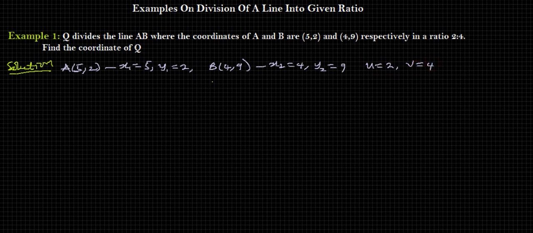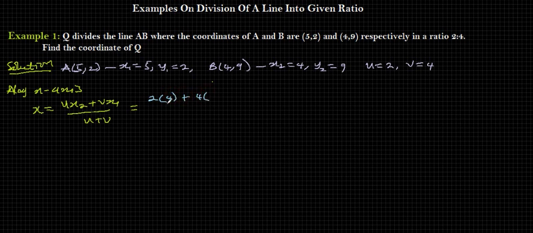So let's look at this now. Along the x-axis, remember our formula. The x coordinate will be equal to (ux2 plus vx1) divided by (u plus v). So let's substitute this now. We have u to be 2, so that will be 2 into x2, and we have x2 to be 4, plus v, we have v to be 4, into x1, we have x1 to be 5.